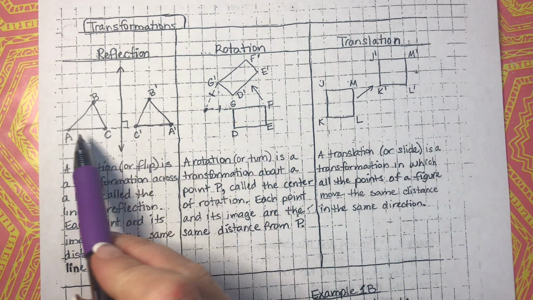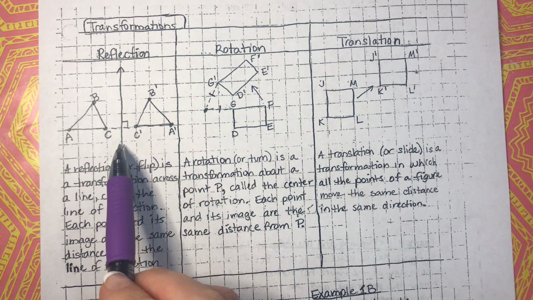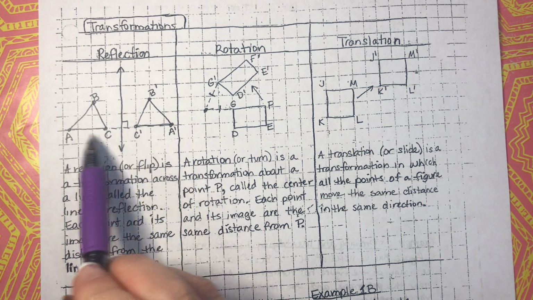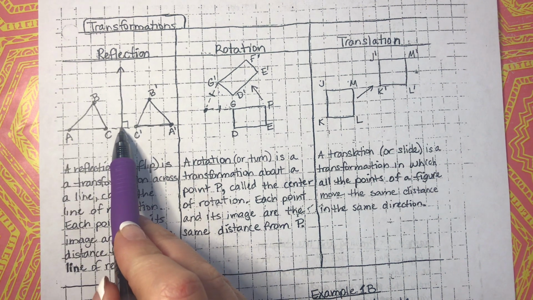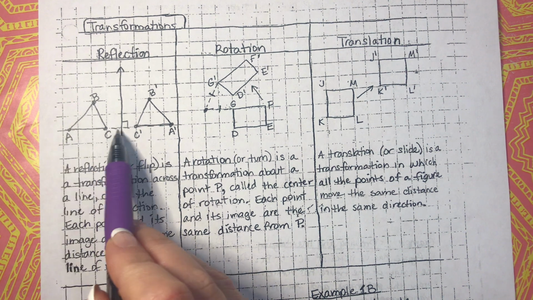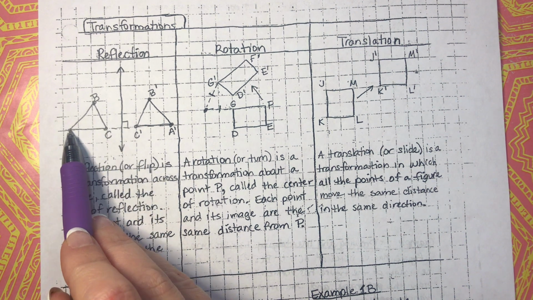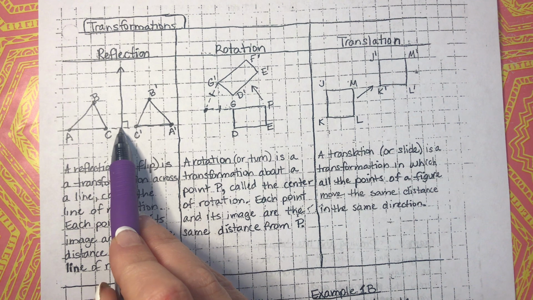What's important is that all of these vertices, when they get reflected across a line, are the same distance from that line. A is 1, 2, 3 and a half from this line, so A prime has to be 3.5.